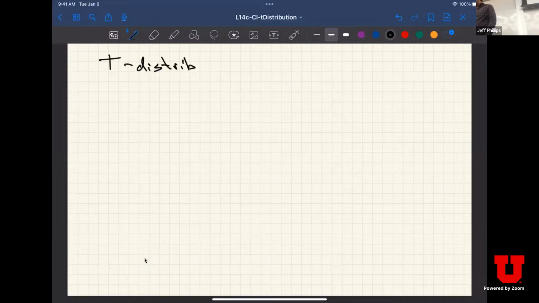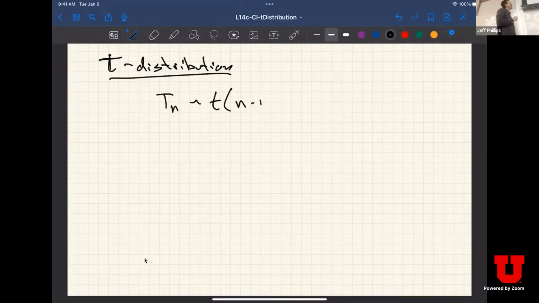It is usually written with a lowercase t, and the random variable would be Tn, which is drawn from a T distribution with n minus 1. There's one parameter.